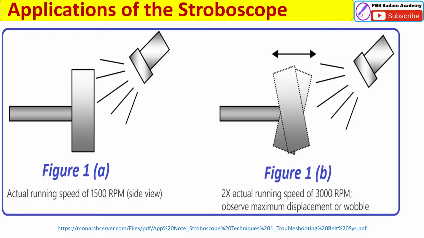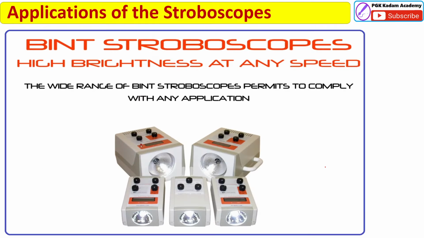The wobbling is observed by the stroboscope and detected through our display panel, and we can take the necessary action, preventive maintenance. These are industrial stroboscopes, bent stroboscopes, with high brightness, at any speed you can measure. These are the actual stroboscopes available in industries.